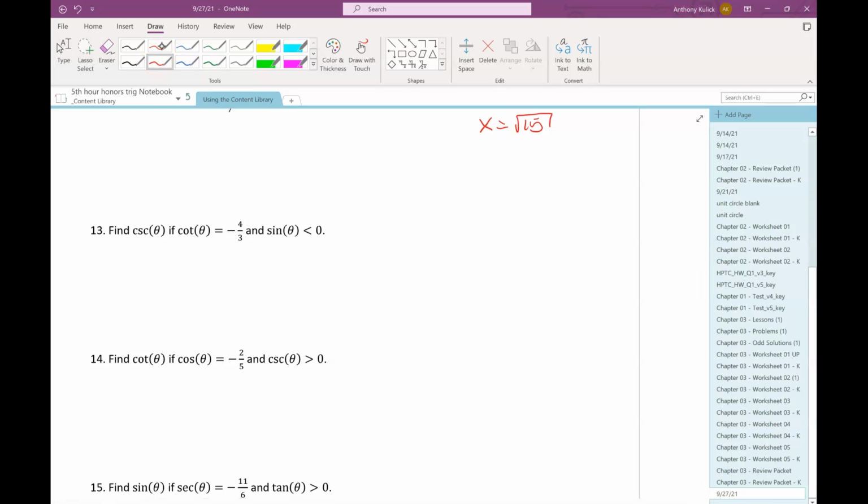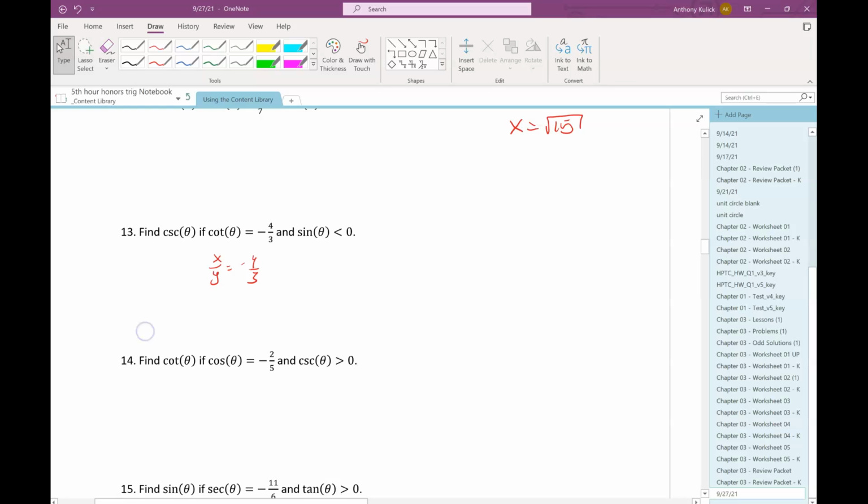So cotangent is x over y. That's my standard position definition. So here I'm at a little bit of a loss, right? Because if x over y is -4/3, well, x could be negative and y positive, or x could be positive and then y could be negative.